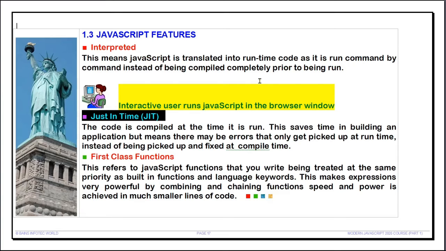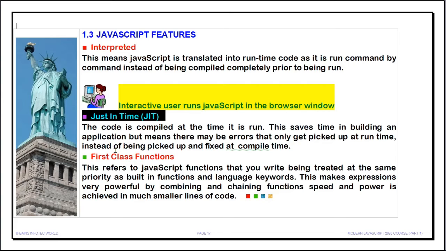But in JavaScript, you'll get those errors when you run it, and it may not be what you were expecting it to do, so you'll have to debug the errors.